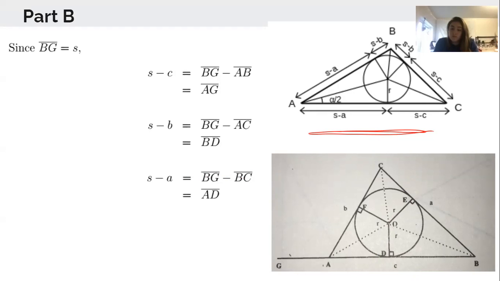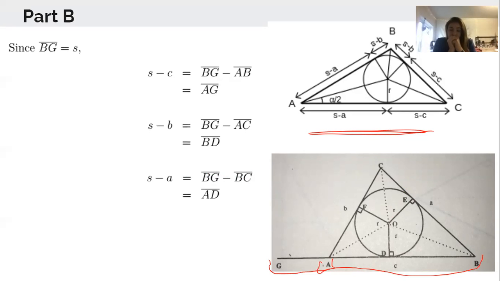A minus C. So we defined C already to be AB. This is side C right here. So S minus side C is just simply AG. So that right there, that's all we have left from BG. That makes sense? Because BG is S. BG is S, yes.